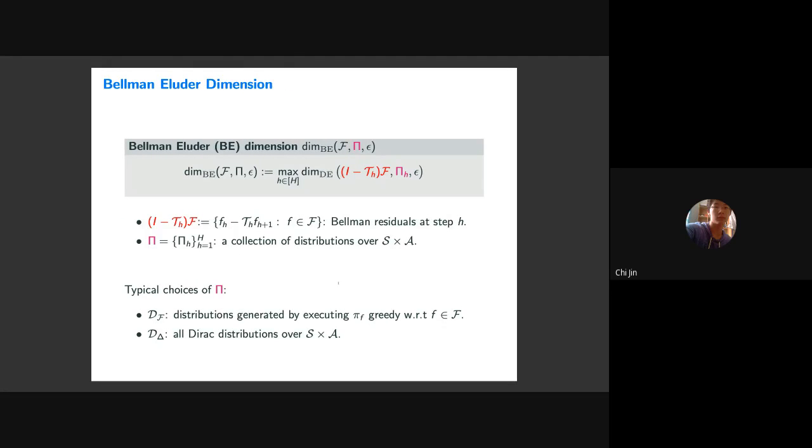We could talk more about this offline. The short answer is that we consider those two because they most naturally come up if you do reinforcement learning. The first one is you execute some policy, so you will have some distribution. Some other distributions you can do, but it's not very natural how you come up with them in those reinforcement learning tasks. This is the short version of the answer.